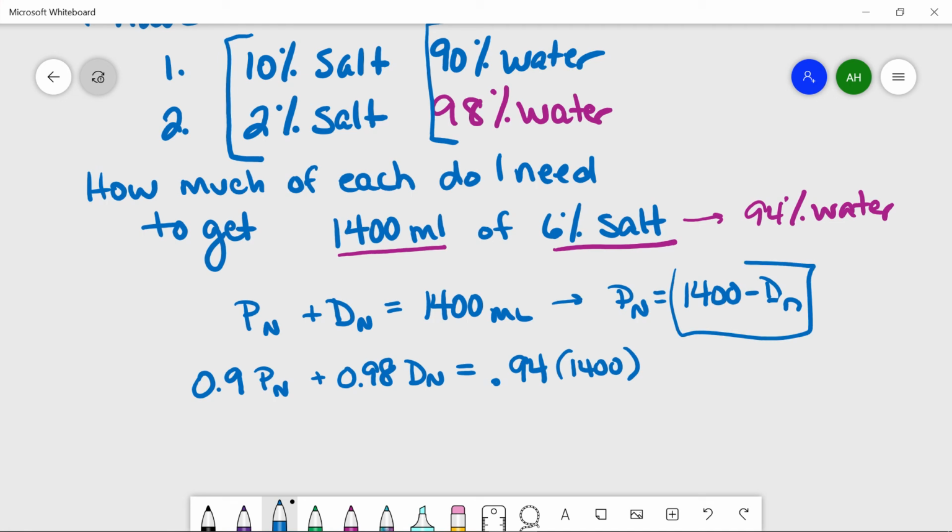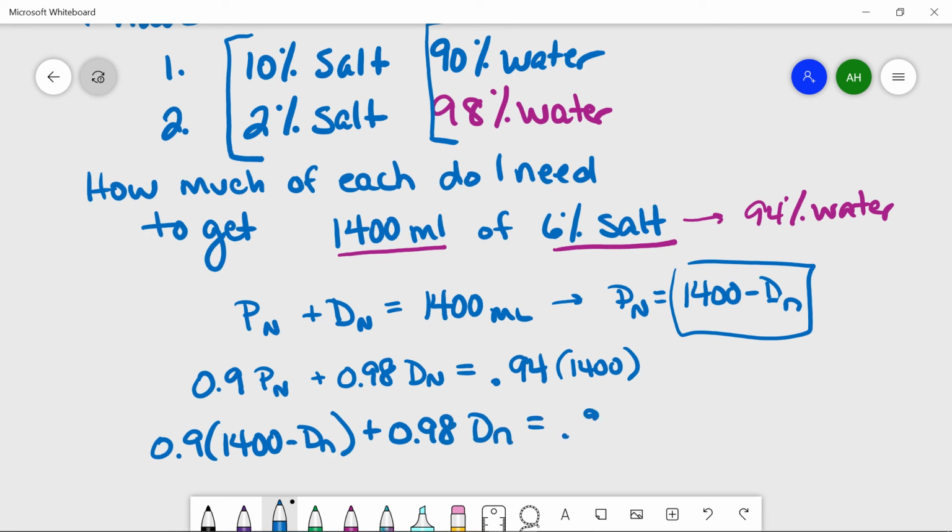Okay, so now we're going to solve this, and we're going to take this over here and plug it into this first term right here, so that I'm able to have 0.9 times 1,400 minus dN plus 0.98 dN equals 0.94 times 1,400.